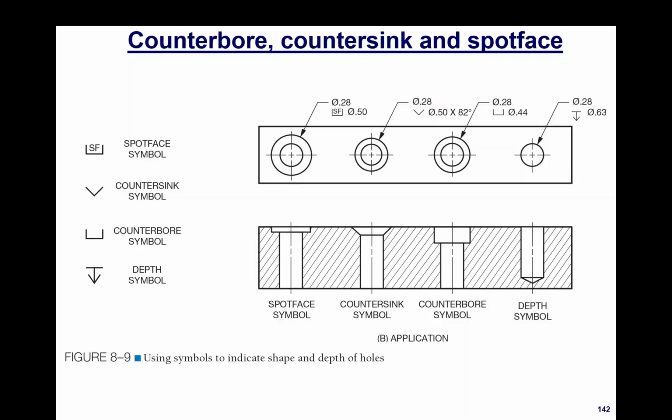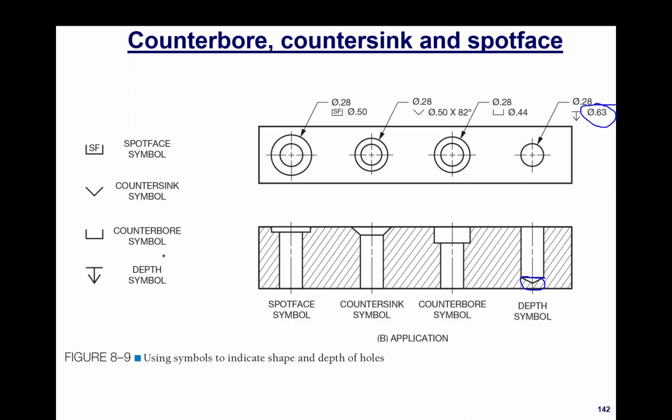And if I go back to the slides, what I will tell you here, so you know the answer, is this depth is referring to the functional part of the hole. Now this tapered or conical depression here is not a functional part of the hole.